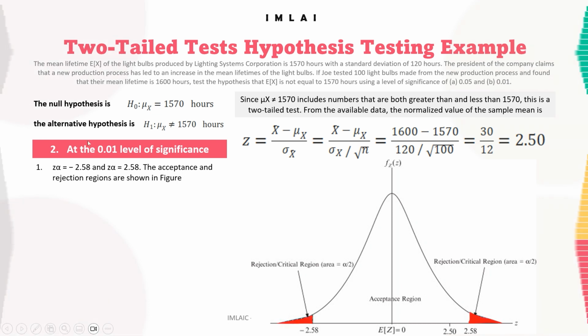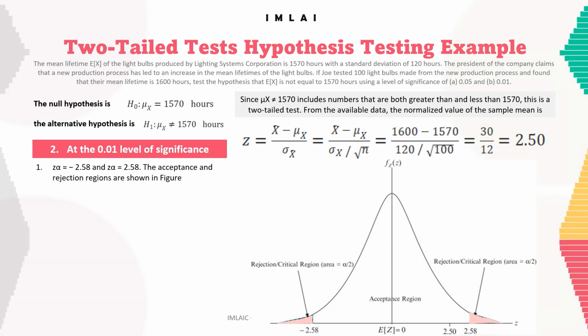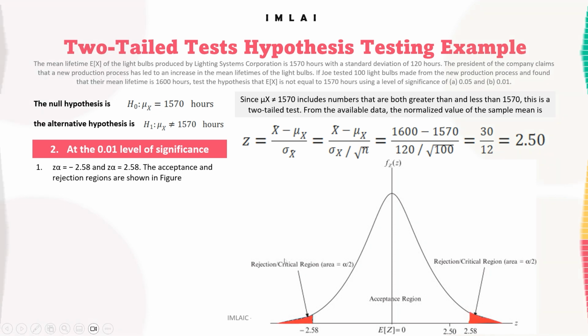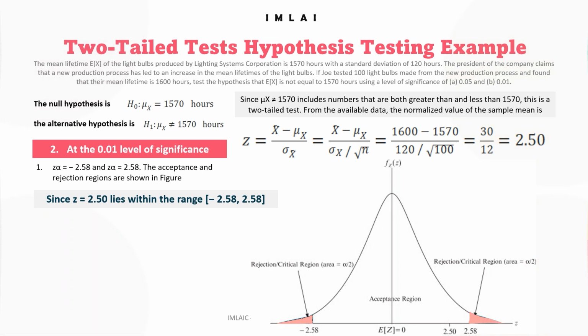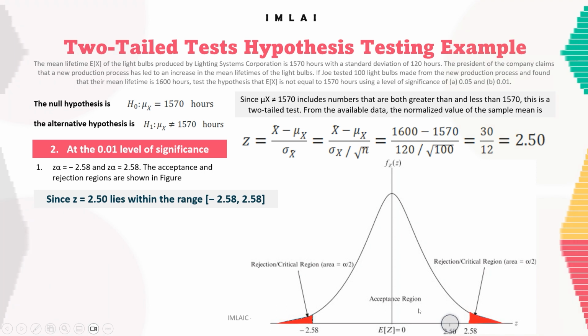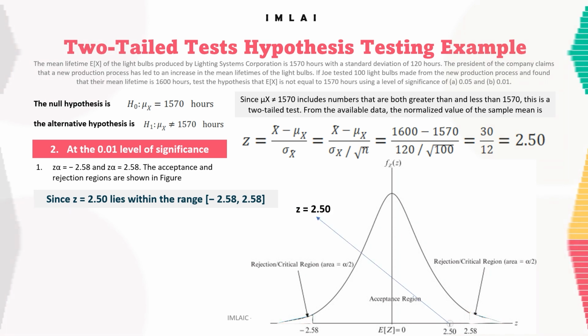That's because your level of significance has decreased, and your confidence interval has gone to 99%. Since our z-score remains the same, 2.50, and 2.58 is the critical value, 2.50 lies within the range of minus 2.58 to 2.58, which is the acceptance region.